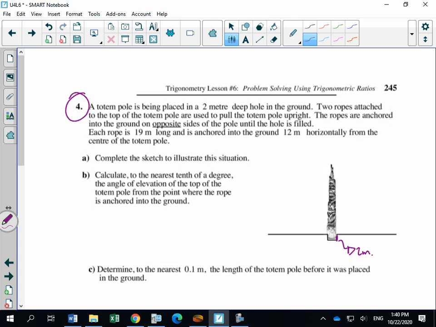The ropes are anchored into the ground on opposite sides of the pole, and each rope is 19 meters long. So 2 ropes are coming out of the top of the totem pole, anchored to opposite sides, and each rope is 19 meters long.